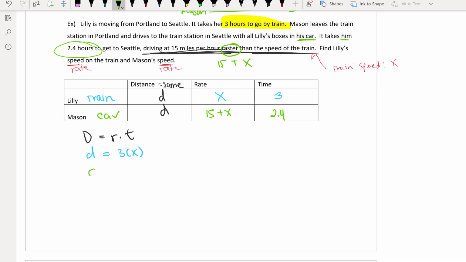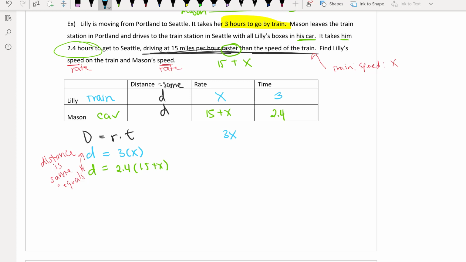Now for Mason, his distance is going to be the rate times the time, so 2.4 times that 15 plus X. And since the distances are the same, it's the same as saying that they are equal. So you're going to set both equations equal to each other.